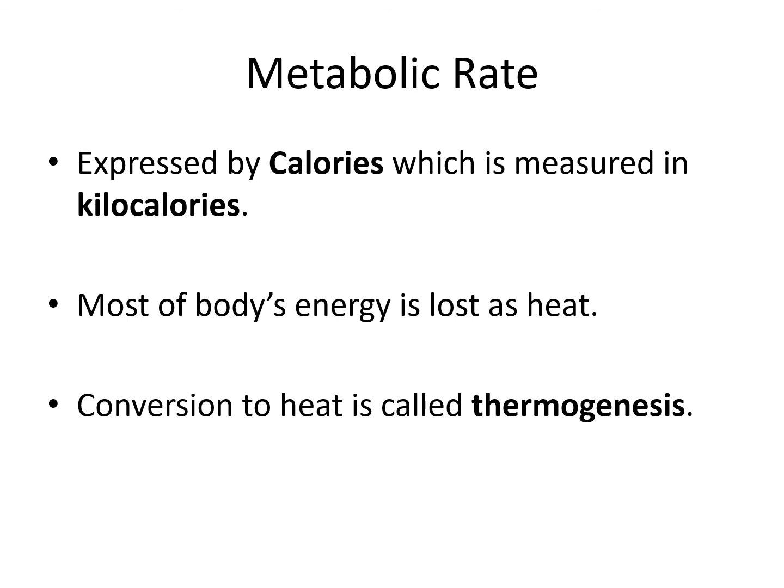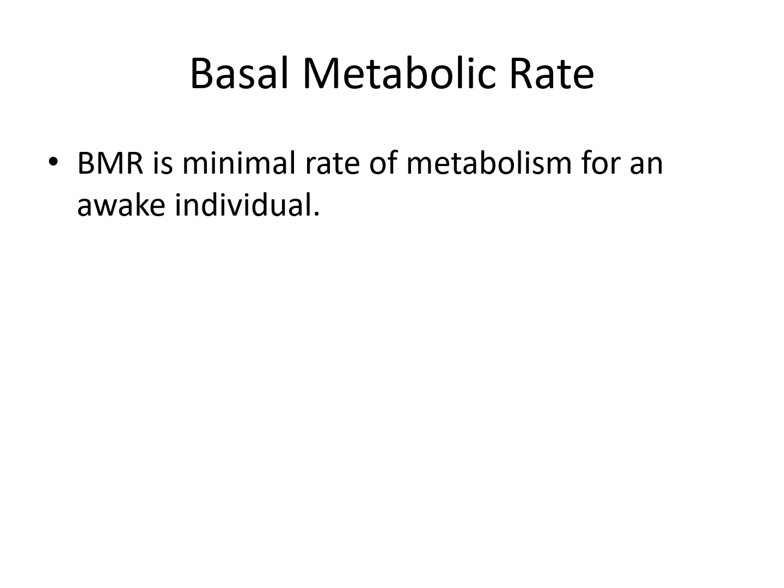But it's a very inefficient system because a lot of the energy is lost as heat. But for us, as warm-blooded organisms, that's nice because this keeps us warm. And so the conversion to heat is thermogenesis. But it also means we have to eat a lot.